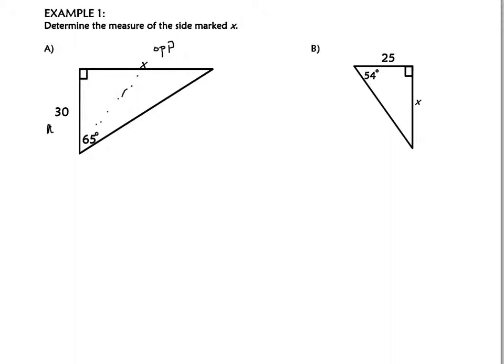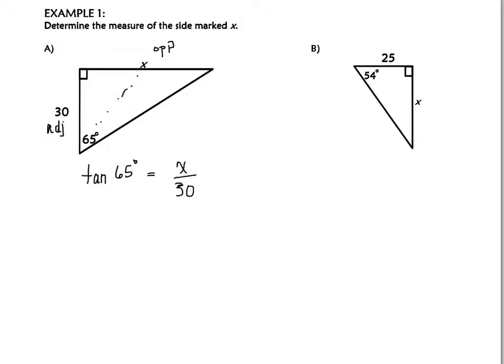We do not have the hypotenuse. So the information that we have, opposite and adjacent, is enough to use the tan ratio. So we set up the equation using tan. We have tan of 65 would be opposite, which in this case is x, over adjacent, which is 30.